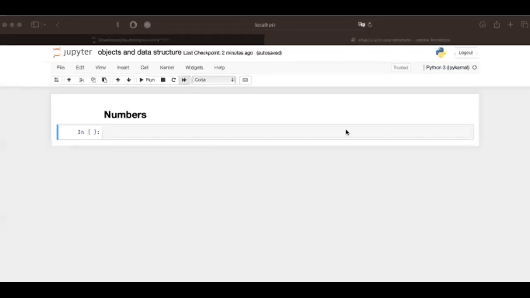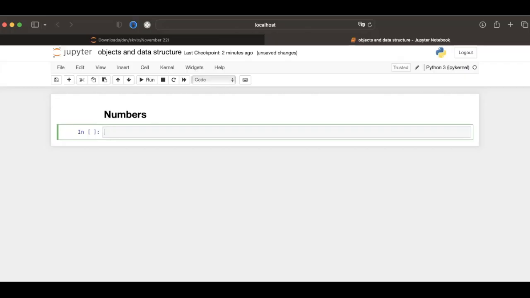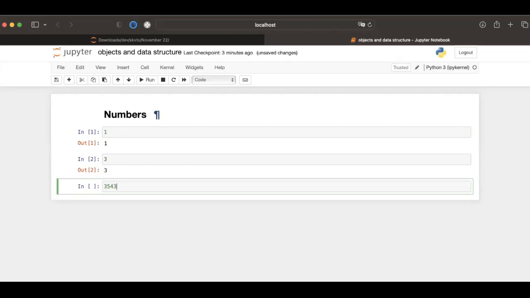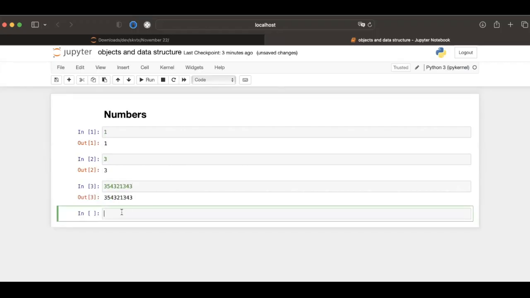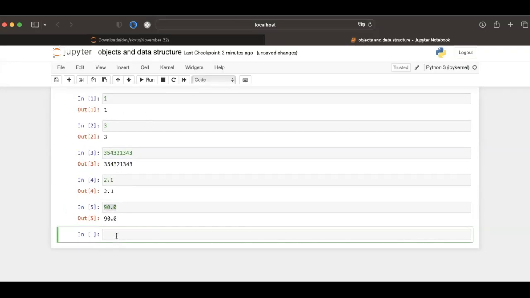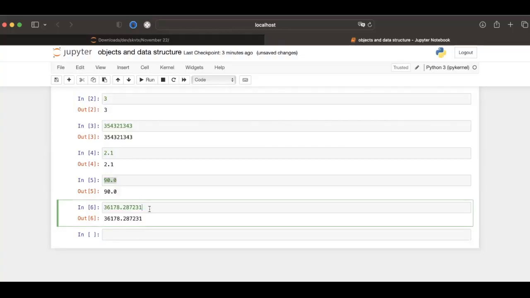For example, 1 or 3 or any other number like this, these are all integers, right? But 2.1 or even 90.0 is a floating point number. Even a very large number written like this is also a floating point number.